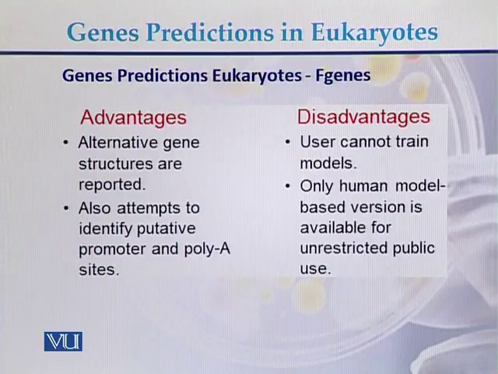There are some advantages and disadvantages: alternative gene structures are reported, and only the human model based version is available for unrestricted public use. So these are some of the advantages and disadvantages of the tool called Fgenes for the prediction of genes from eukaryotic genomes.